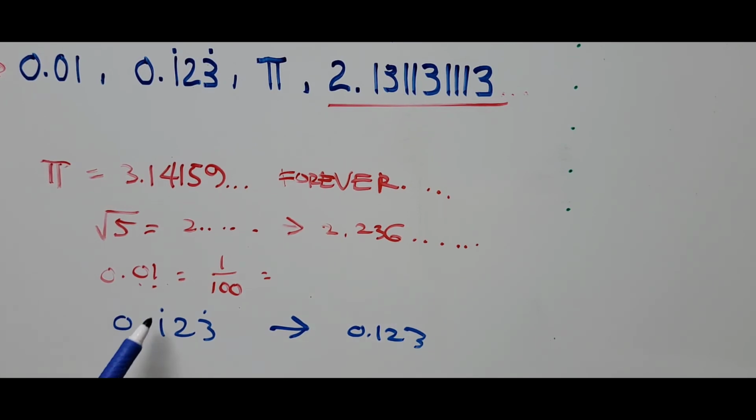The point on the first one is the start of the repeating series, and the other is the end of the repeating series. This repeats over and over: 0.123, 123, 123, 123. It will never end, but it's repeating.